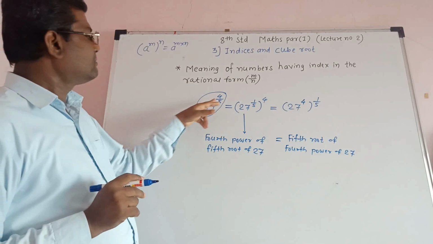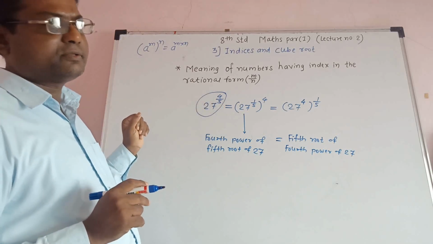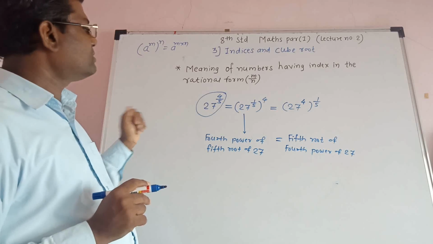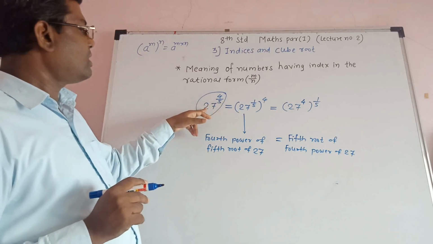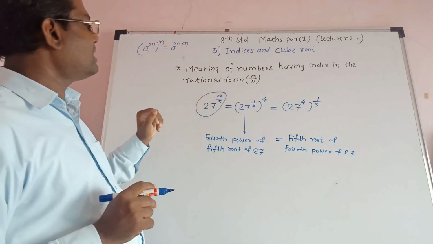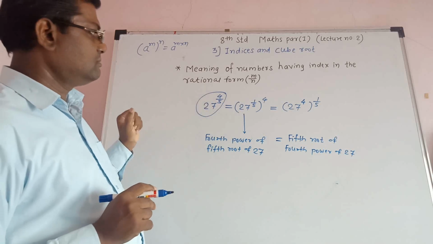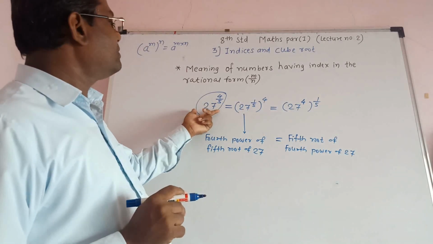Here this 5 in the denominator indicates the root. This 5 indicates the fifth root of 27, and this 4 indicates the power. So we can split this in two ways.